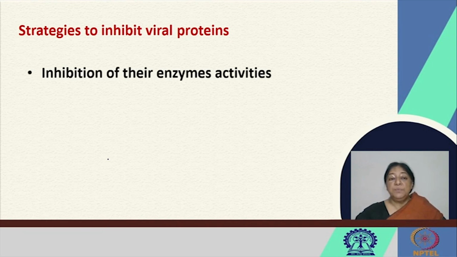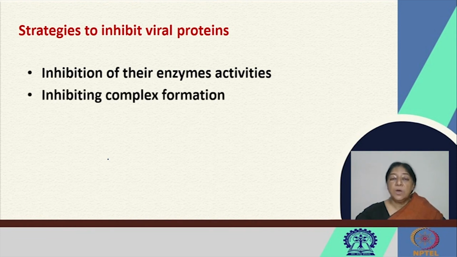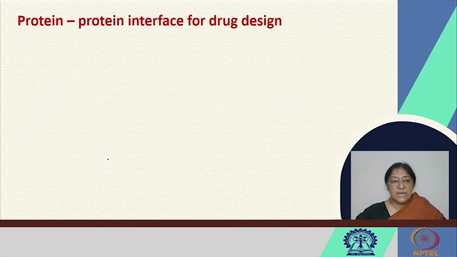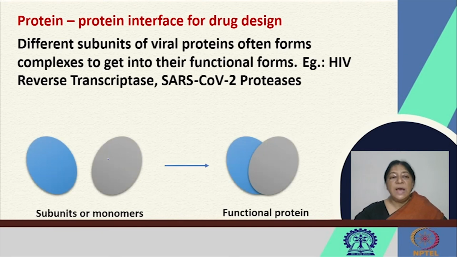So there may be a possibility to inhibit their enzyme activities, inhibit the complex formation that is necessary for the action of the virus, or block them entirely from binding or entering the host cell. This is where we can have a protein-protein interface for drug design, where we could have different subunits of the viral proteins that form the complexes to get to their functional forms.